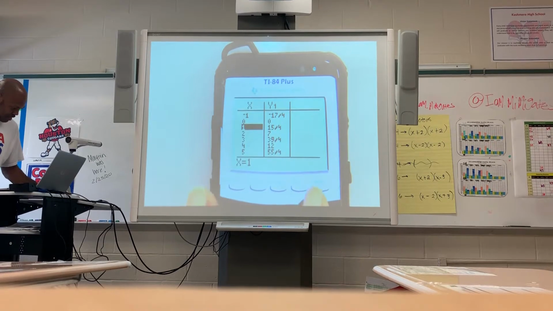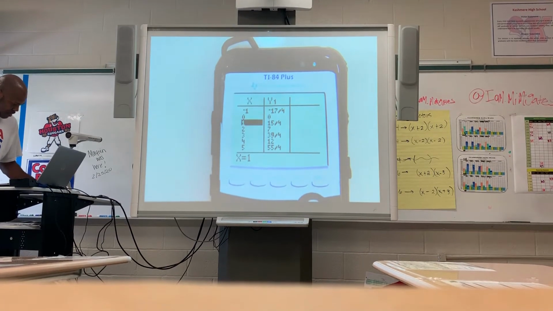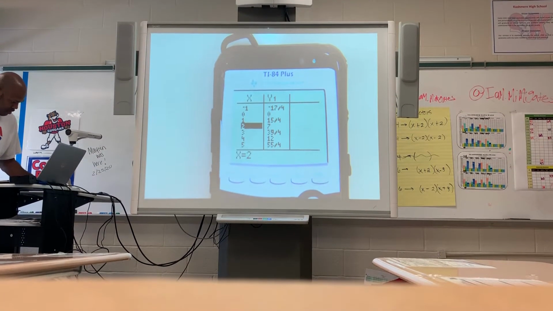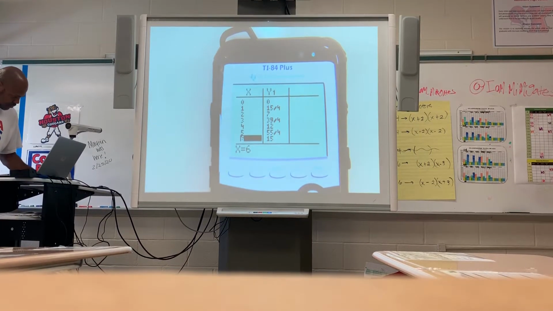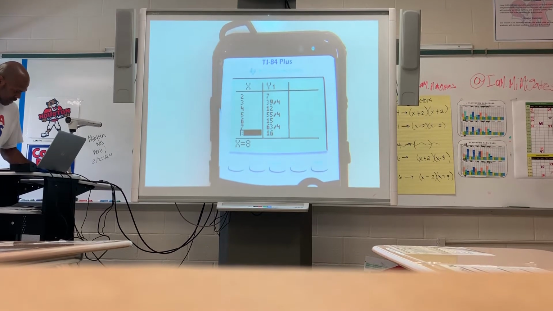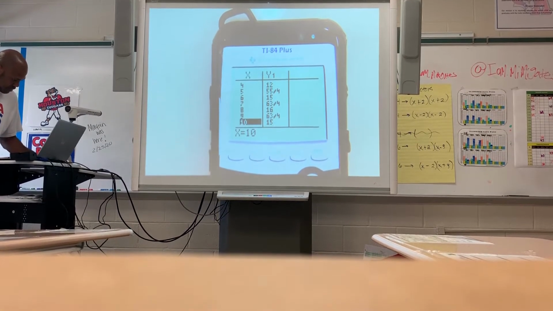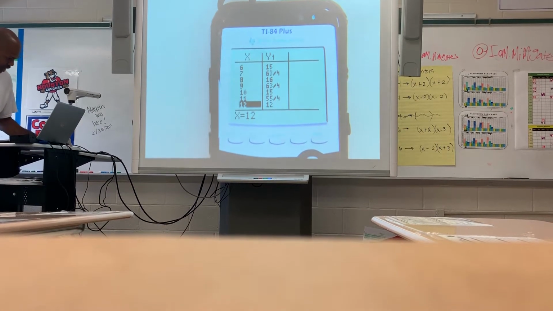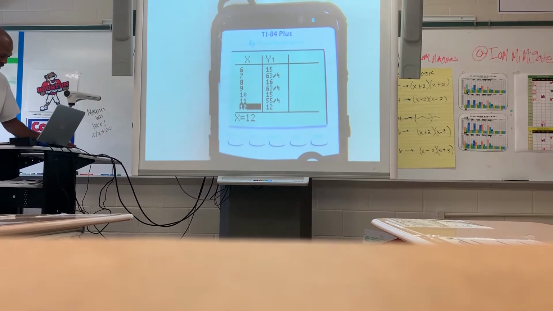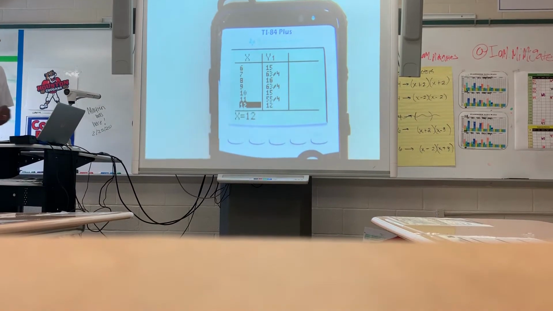So we got 0 and 0, 2 and 7, 4 and 12, 6 and 15, 8 and 16, 10 and 15, 12 and 12. So our numbers are starting to decrease. It's starting to go back down after we hit 8 and 16.